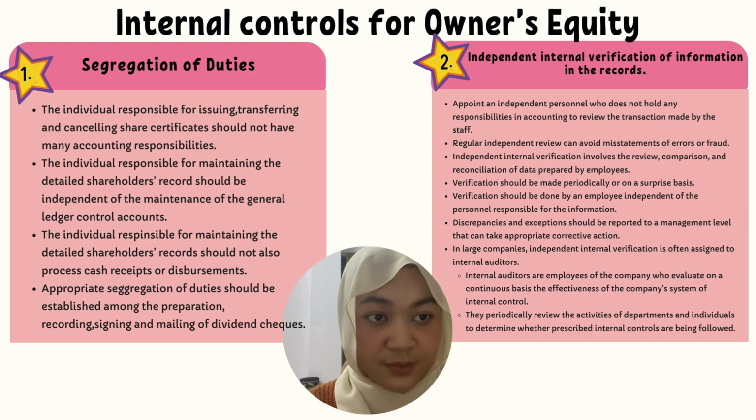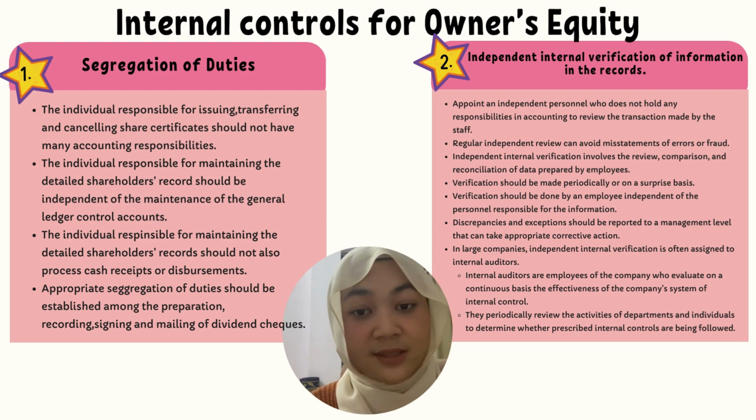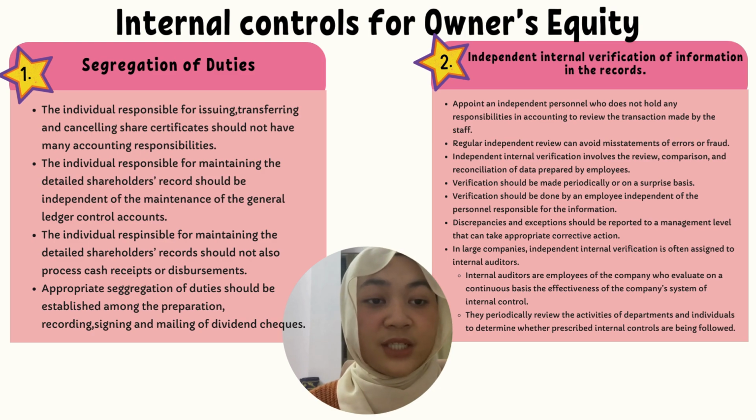In auditing firms, this principle ensures that the person handling the physical or electronic certificates of shares does not have any access to the accounting records when these transactions are recorded. Segregation helps prevent a single individual from being able to both execute and conceal unauthorized transactions. For example, if someone could both issue shares and record them in the books, they could create and hide fraudulent share issuances.